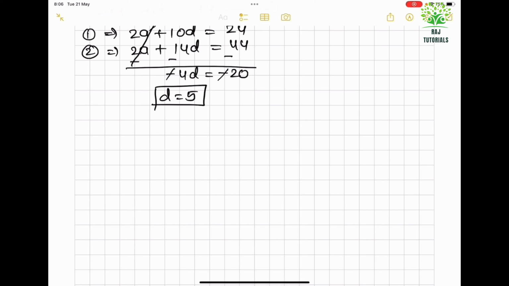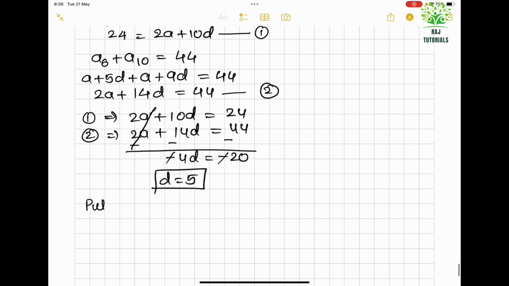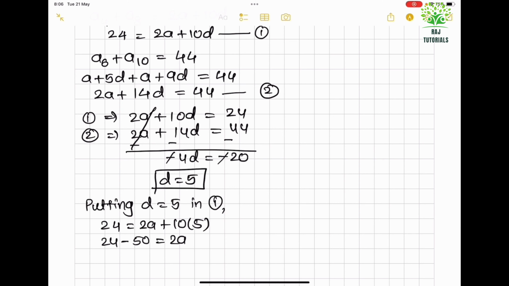Now I have to put this in equation 1. So putting d equal to 5 in 1: 24 equal to 2a plus 10 into 5. So 24 minus 50 equal to 2a.